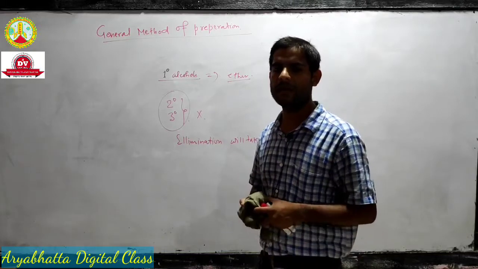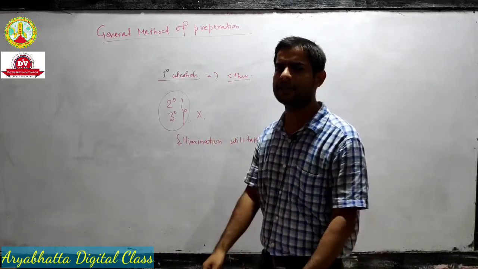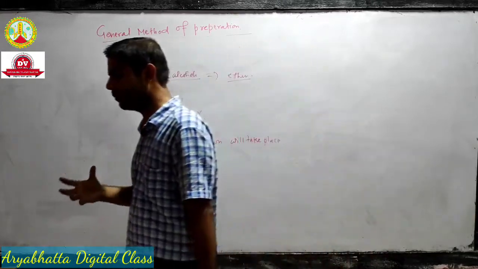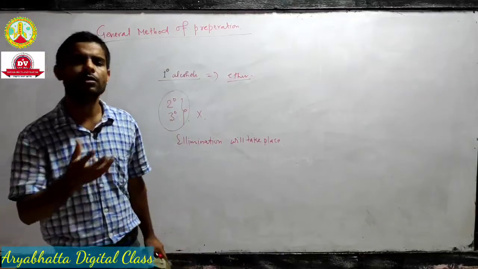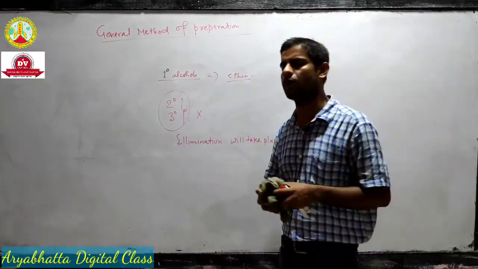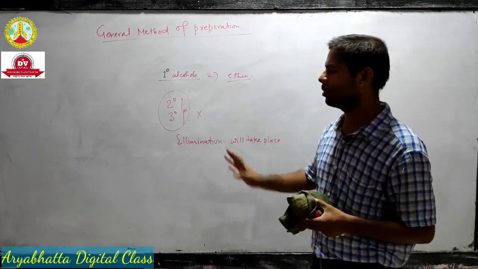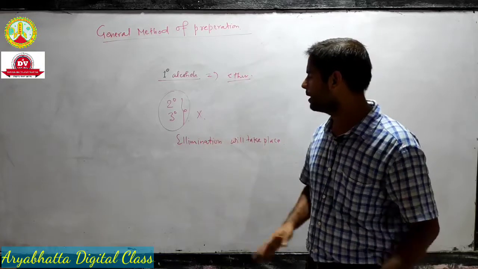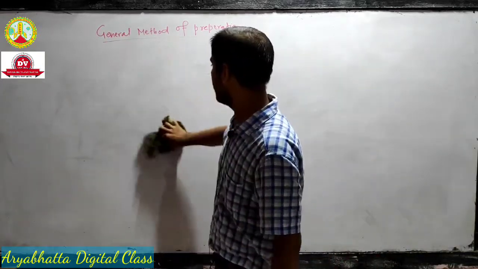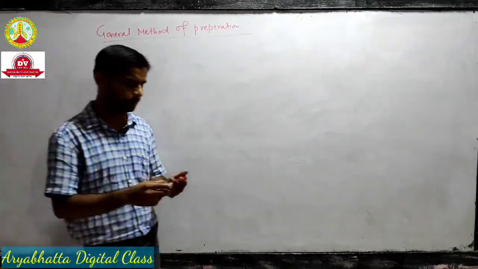It's convenient, it takes less energy, less intense reaction conditions, and even the concentration of reagent gets reduced, or a milder catalyst will work for 2 and 3 degree alcohols. So in 2 and 3 degree alcohols, elimination will take place and we will get alkenes and not ethers.